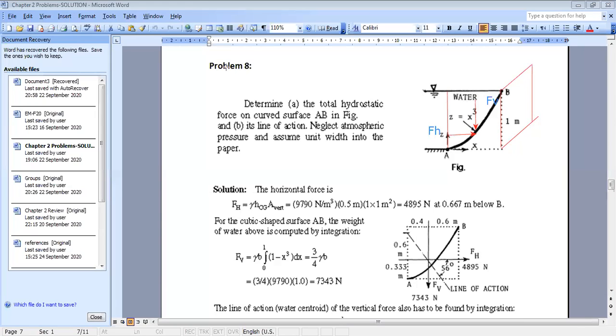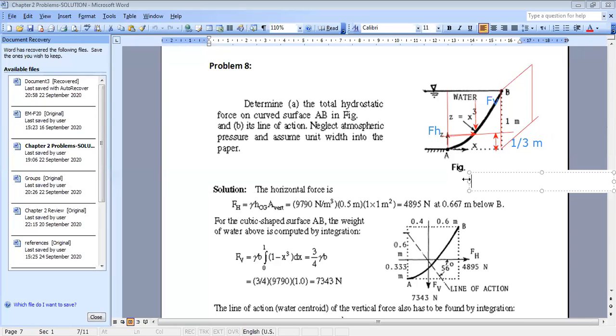So directly I can say that this distance from here to here is h over 3. In this problem, the depth of water is 1 meter. So this height here is 1 over 3 meters. Now, in order to find the magnitude of FH, it's also simple.